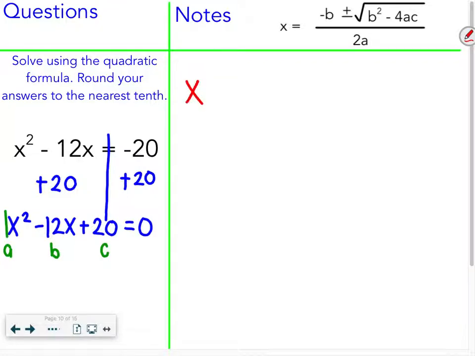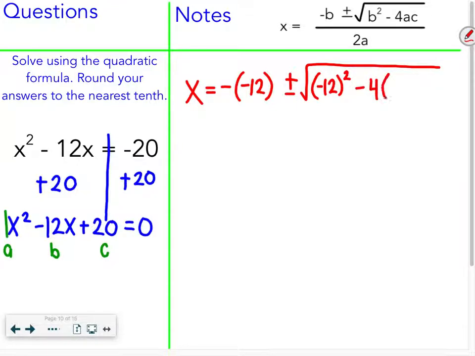All right, so now I'm going to start plugging the values into my quadratic formula. So x equals negative b, so we have minus a negative 12, so really that's going to end up turning positive, but I'm going to leave it like that for right now, plus or minus the square root of b squared, so negative 12 squared, I'm going to put the negative 12 in parentheses, minus 4 times my a value, which is 1, my c value, which is 20, all over 2 times a, so 2 times 1.